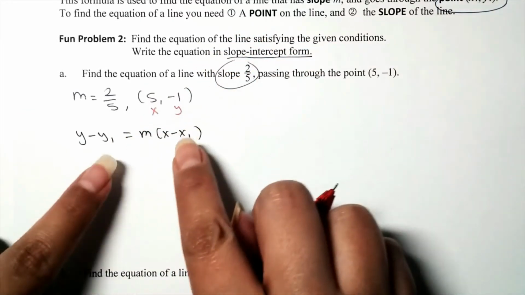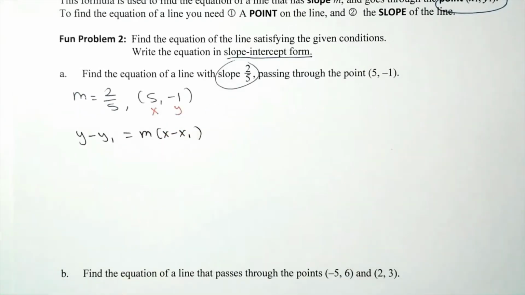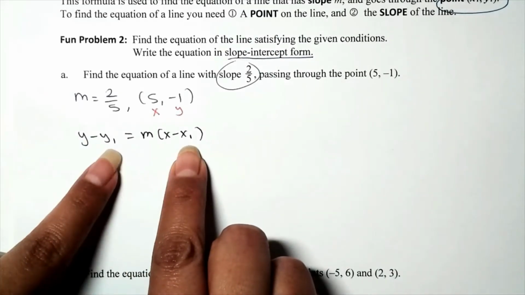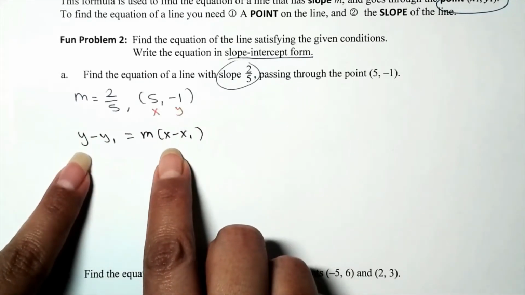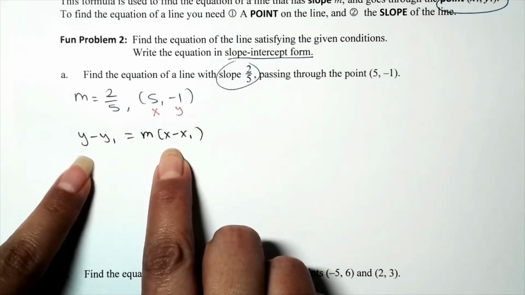Technically I should put x1, y1, but since I don't have a second point, I don't find it vital to say that's my first point. I just have to remember, m is my slope, x1, y1 are the coordinates of whatever point they give me, and x, y are going to be the variables in my equation if my equation is meant to have both x and y variables.